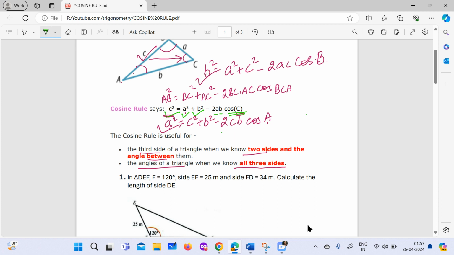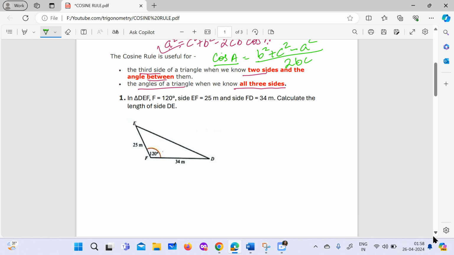So suppose this is cos c, so I can write this as cos c is equal to b square plus, let me write this with reference to angle a. So I can write it as cos A equals B square plus C square minus A square upon 2BC. So you can make this also the subject to find the angle, or directly with this given formula we can find the angles as well as the sides.